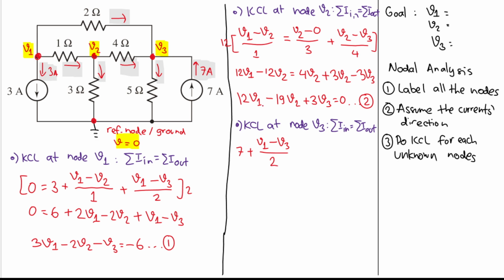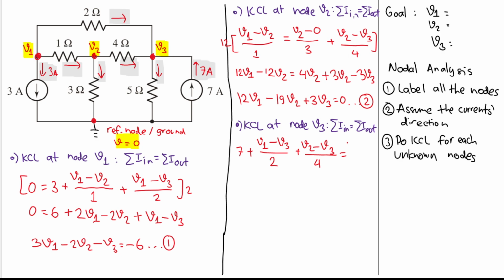And then this one here, so I will have plus V2 where the current comes from, and then minus V3 where the current goes to, divided by the resistance between them, so I will have 4. Okay, and this is all the current that goes in, right? We have 3 terms here, 1, 2, 3. So all good.